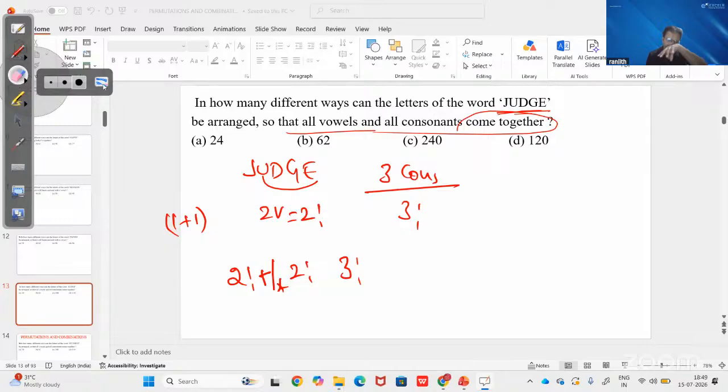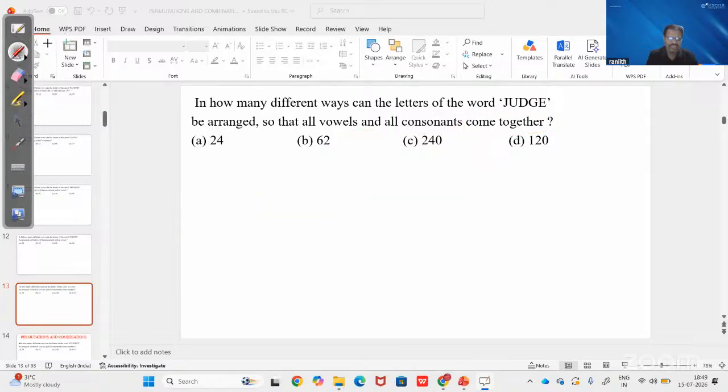Okay, just look here. That is the OR rule, and the AND rule. Very important. What do we mean by the OR rule and what do we mean by the AND rule? A person went to a Xerox shop or stationery shop.